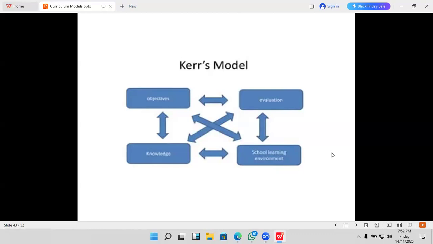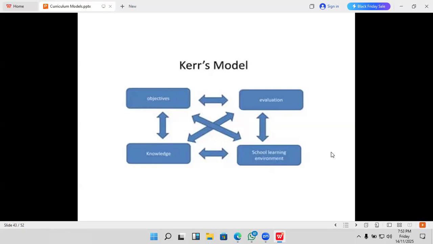But he says all these four components or variables are interrelated. Whenever we do evaluation, we may check student knowledge.